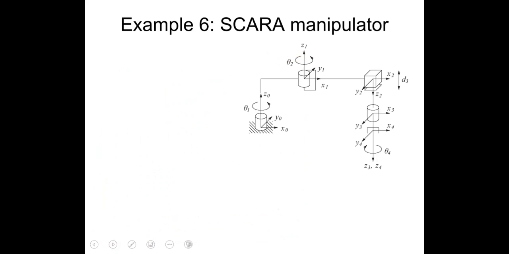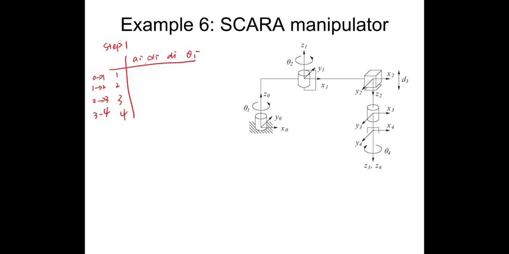The last question is a homework question. For this question we have 1, 2, 3, 4, so we have 4 joints. This means frame 0 to frame 1, frame 1 to frame 2, frame 2 to frame 3, and frame 3 to frame 4. Step 1 is to find out the 4 parameters, which are a_i, alpha_i, d_i, and theta_i.